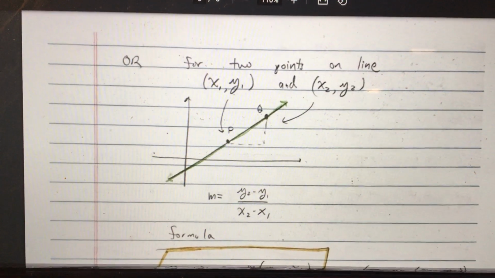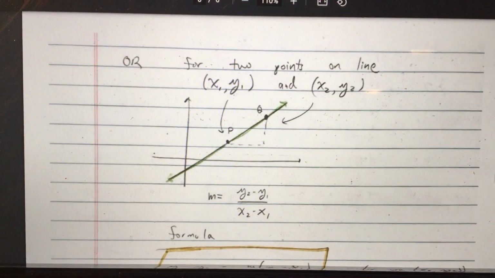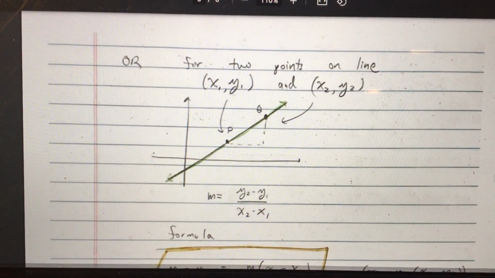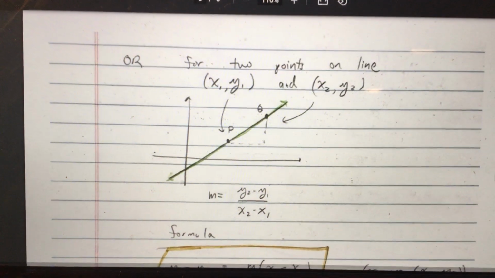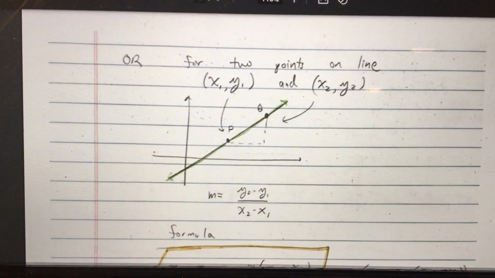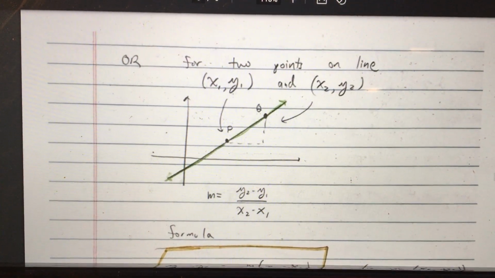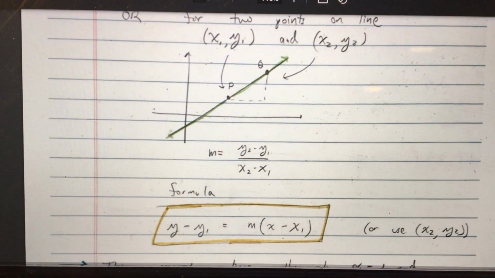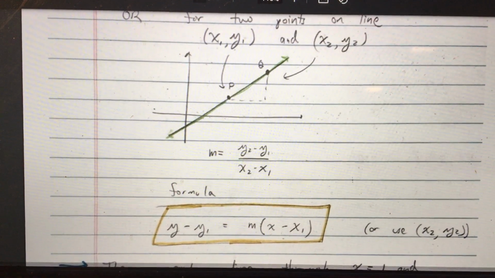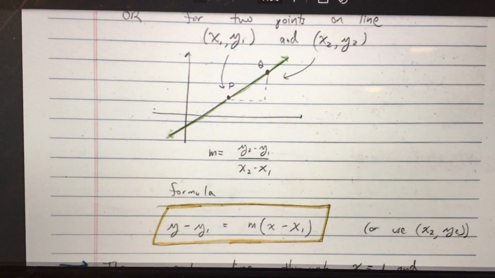Then the slope is the change in the y values, so y2 minus y1, and divide by this change in the corresponding x values, x2 minus x1. Got to keep the 2's over 2's and 1's over 1's there. So once you find the slope, then you can pick either one of those points. I picked x1, y1, and write down the formula for the line, which would be y minus y1 equals m times x minus x1.